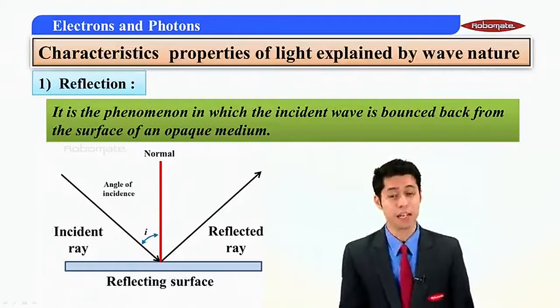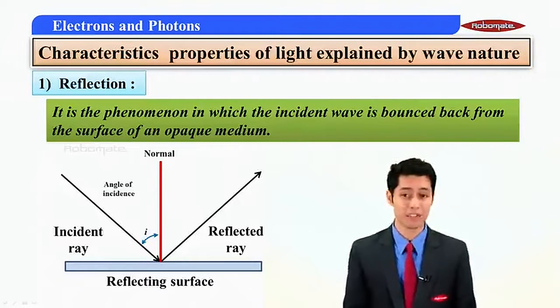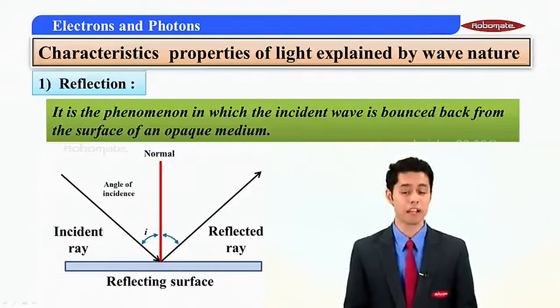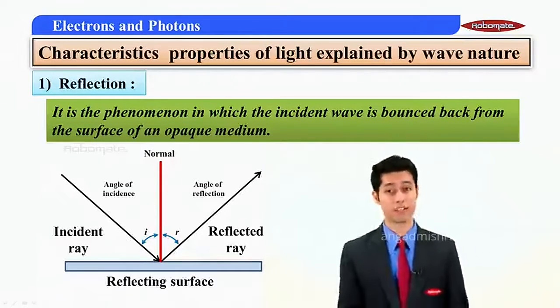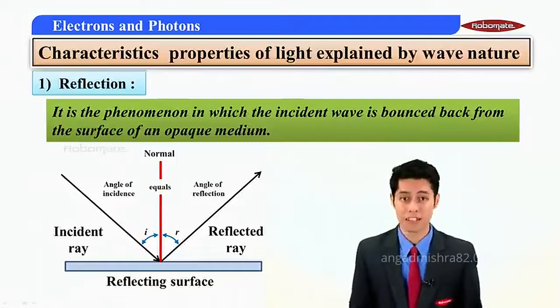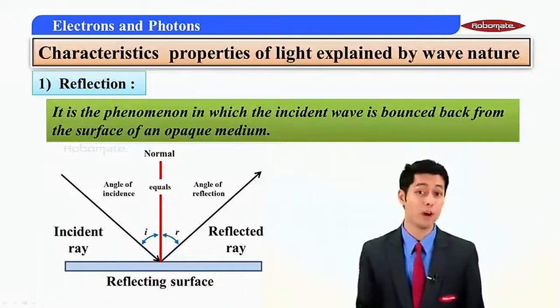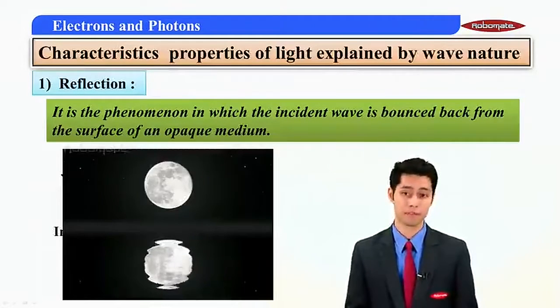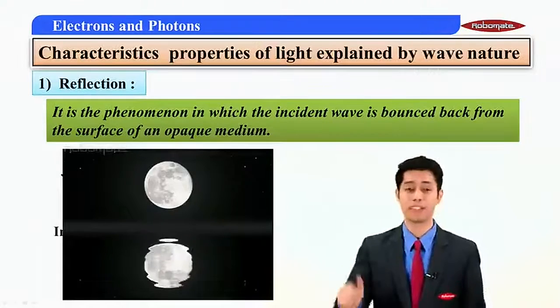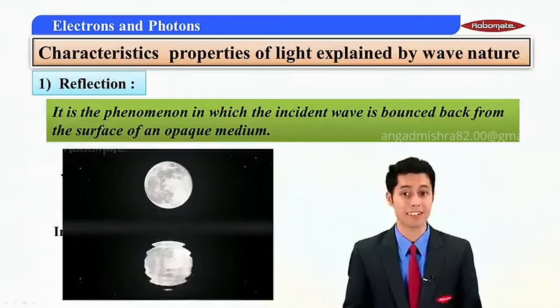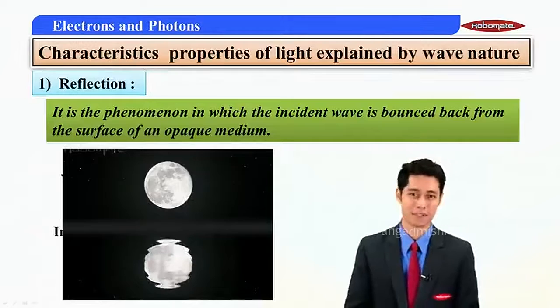The angle made by the incident ray is called the angle of incidence, and the one made by the reflected ray is called the angle of reflection. For reflection, the angle of incidence will always equal the angle of reflection. A beautiful example is the moon's reflection that we can see in the water.